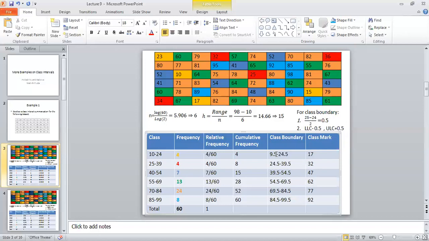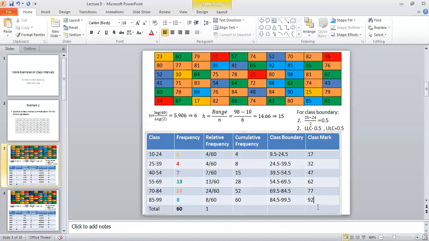Later on we will see that when the data set has decimal values precise to one decimal place, the class boundary will come out to be precise to two decimal places, and so on this rule goes. So again, since our data set was without any decimal values, it was pure integer, therefore the class boundary came out to be precise to one decimal place.